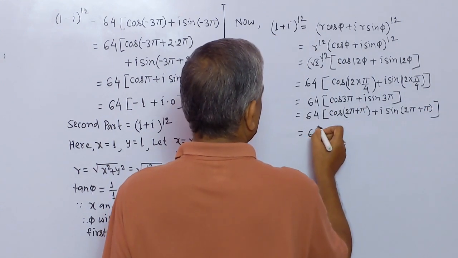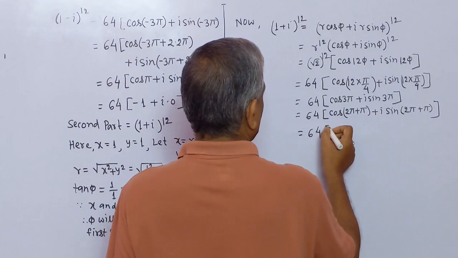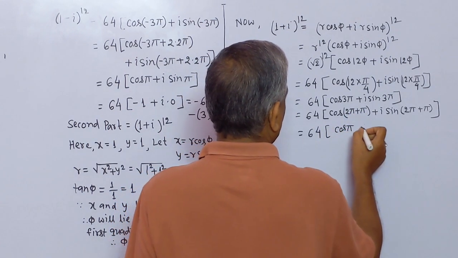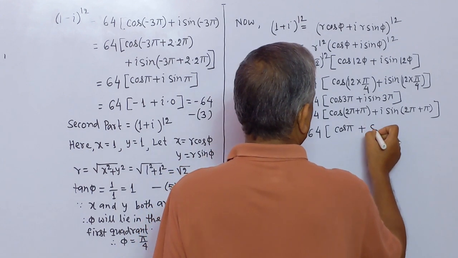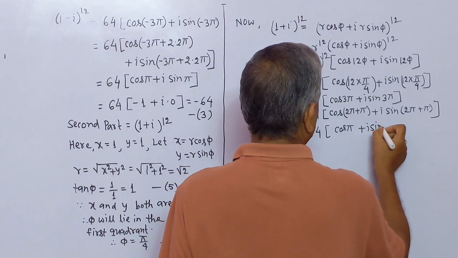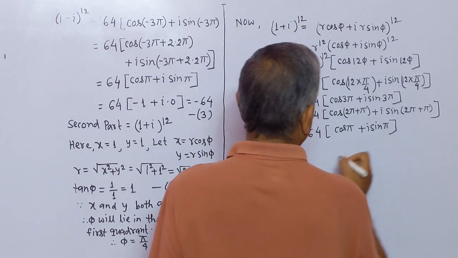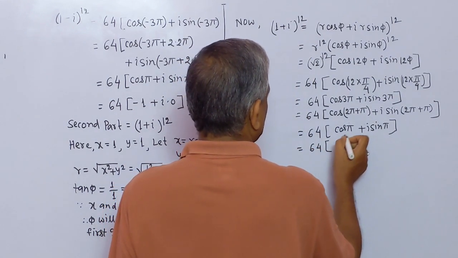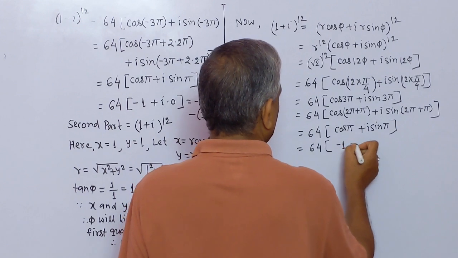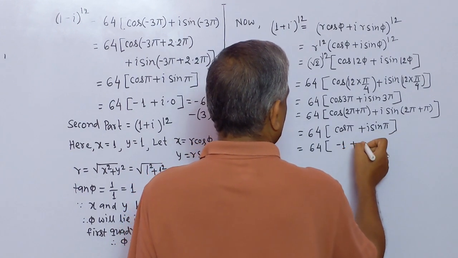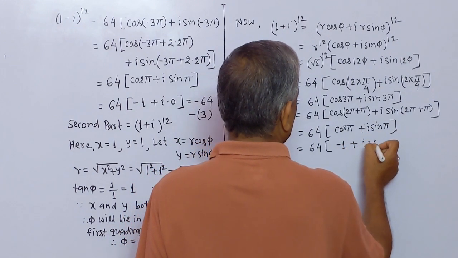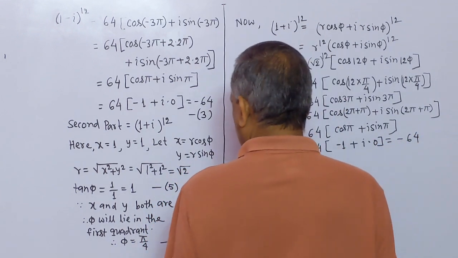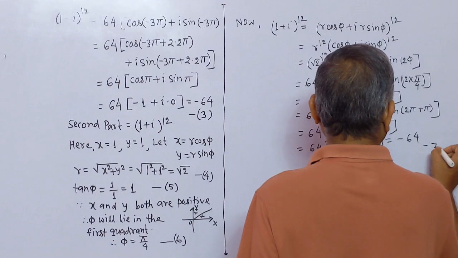This is equal to 64 (cos pi plus i sin pi). Cos pi is minus 1, plus i sin pi is 0. This is equal to minus 64. This is number 7.